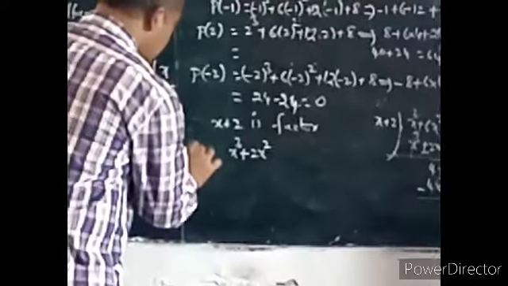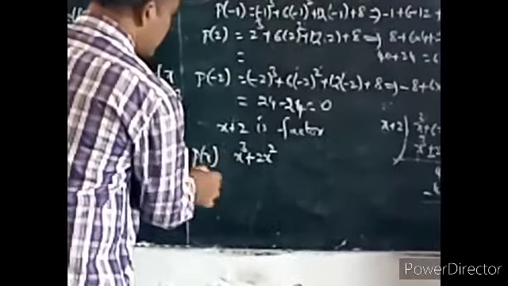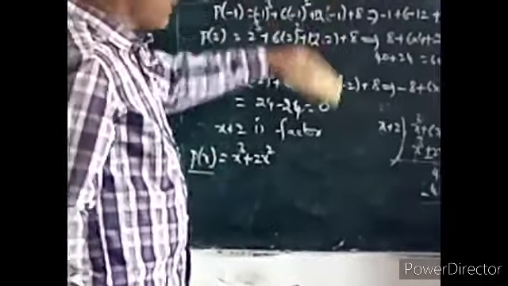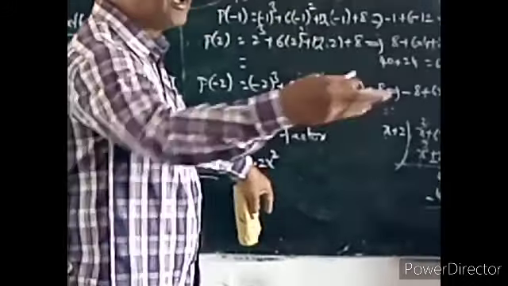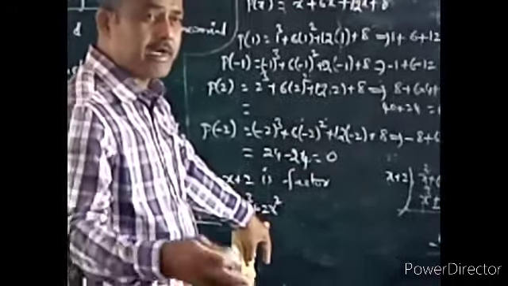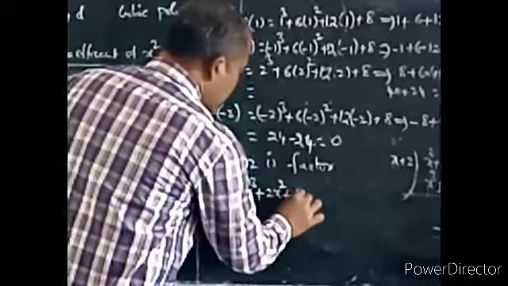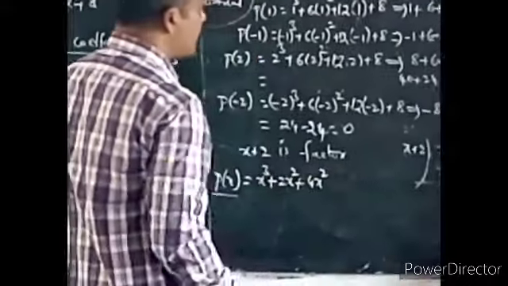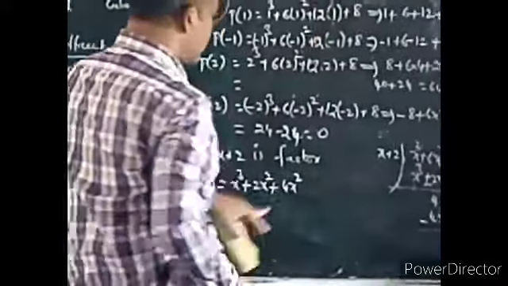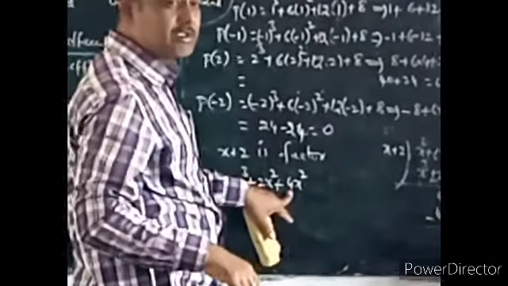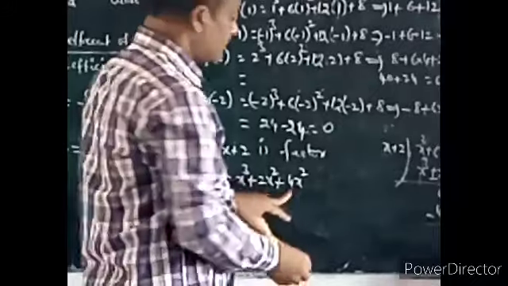Out of 6, how many did we write? 2x square. Remaining, how many? 4x square. Plus 4x square plus 12x. 4 twos are 8, so 8x.